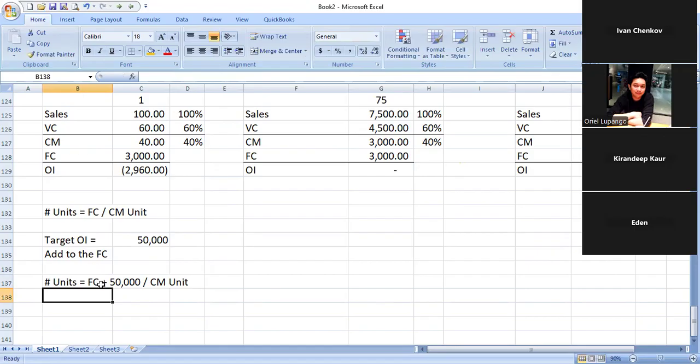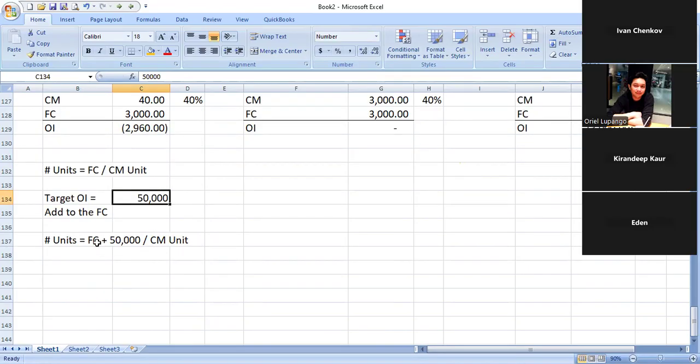So do I know my fixed cost? Yes, 3,000. Do I know my contribution margin per unit? $40. Do I know how much I want? I want 50,000. I mean, you wanted 50,000.